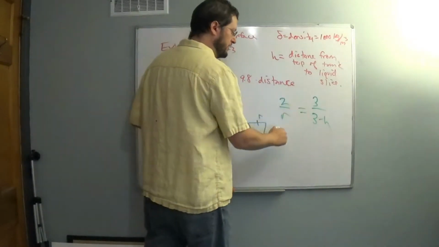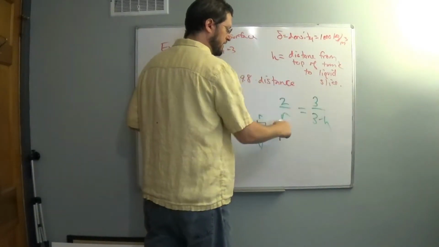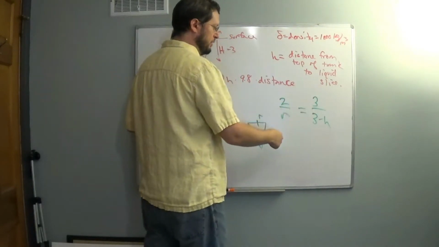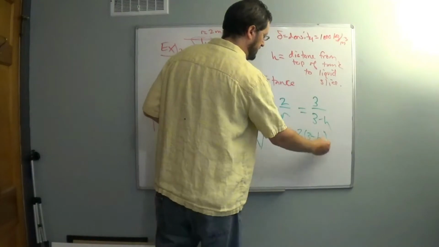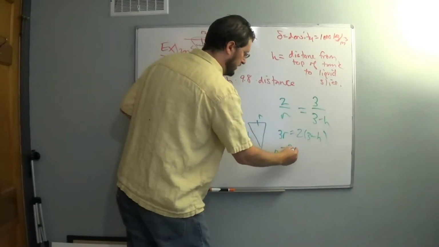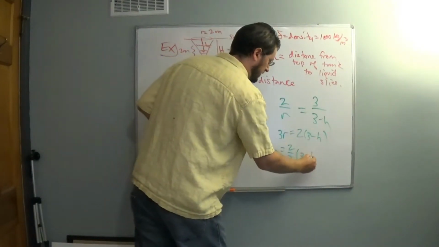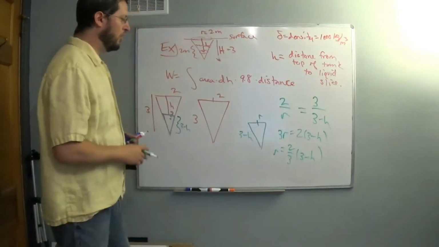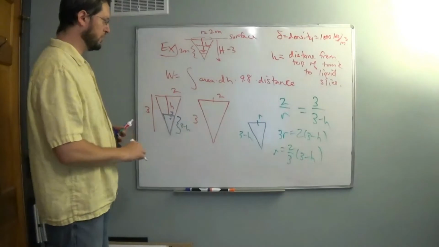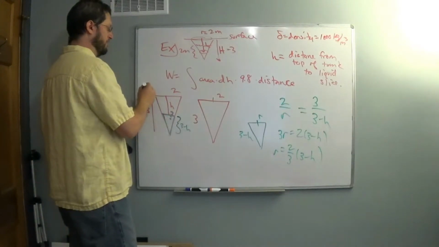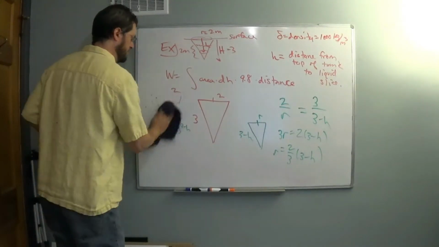So I'm going to bring the r up and bring the 3 down. This becomes 3r is 2 times 3 minus h, divided by 3, I get 2/3 (3 minus h). So r, based on these similar triangles, is equal to 2/3 (3 minus h). So let me save that information.